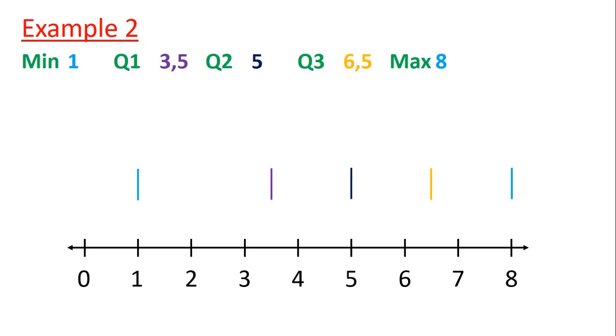Now we have to join these lines the same way that we did in example 1. So between my minimum and quartile 1, between 1 and 3.5, I join them with a line from the middle to the middle.